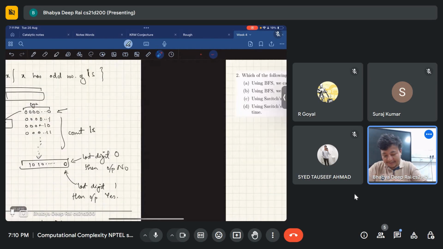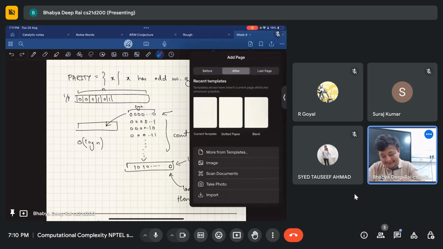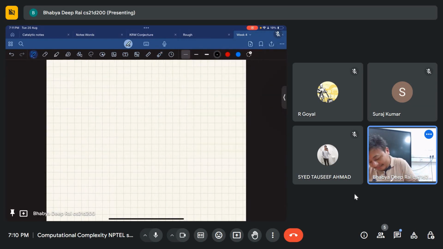Good. Now the final one, bipartite. Here we need to use a property of the bipartite graph. So any idea?